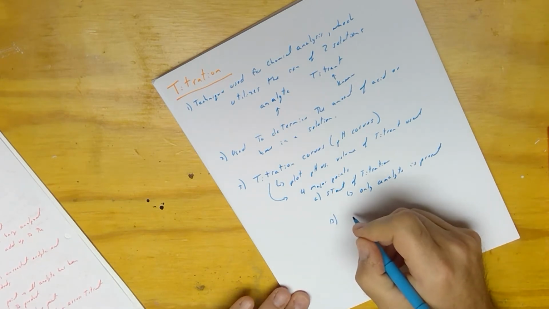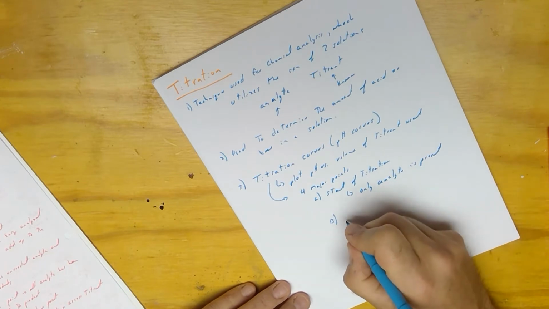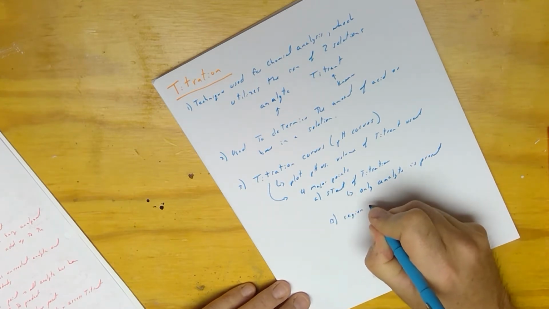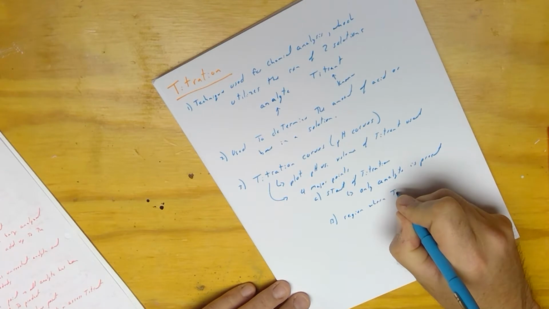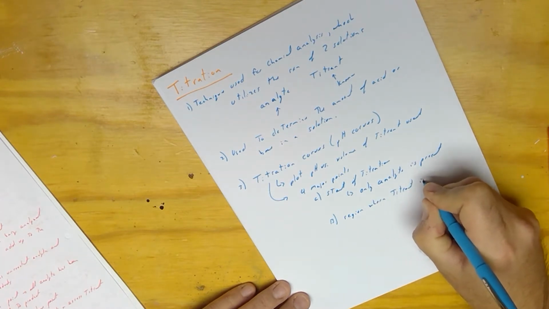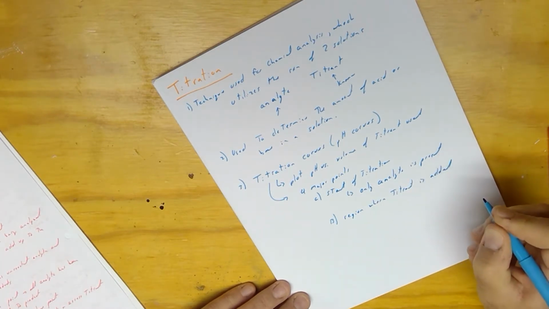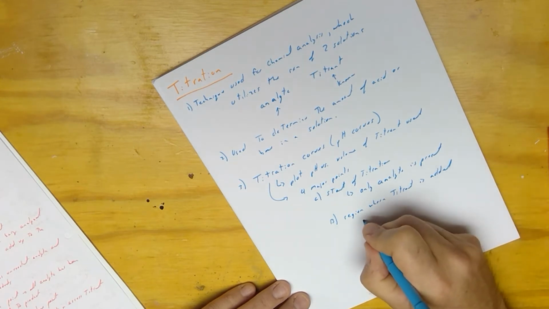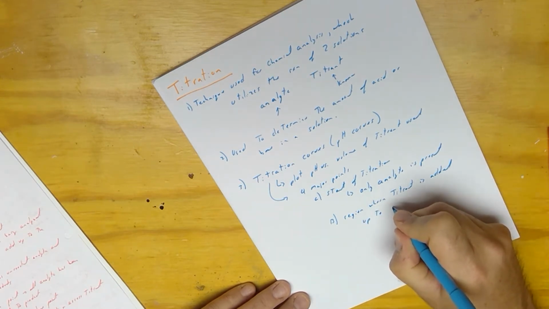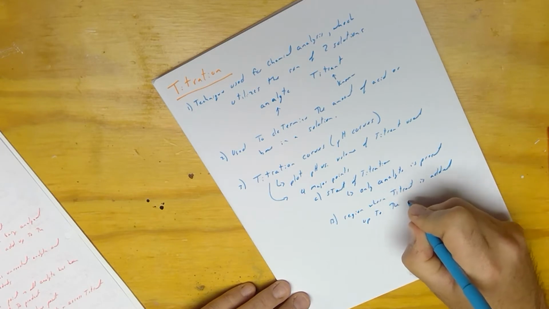Then there's a region where the titrant is added, up to what's called the equivalence point.